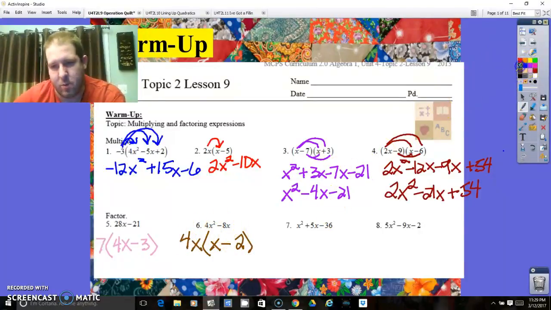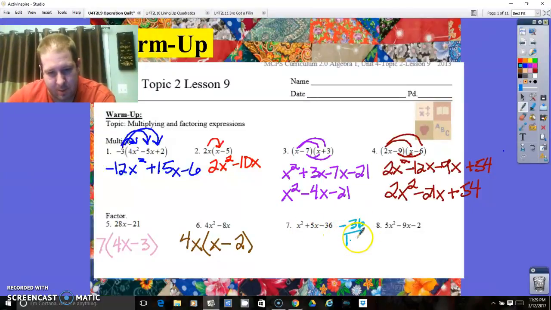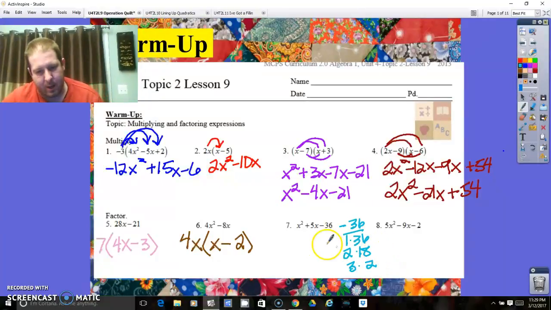All right, next question. This is a trinomial. There's no GCF; you can't divide all three terms by anything. There's no leading coefficient, so I ask myself, what are the factors of negative 36, and which one is going to give me 5 when I combine it? It's not going to be 1 times 36, or 2 times 18. 3 and 12, okay, we're getting close.